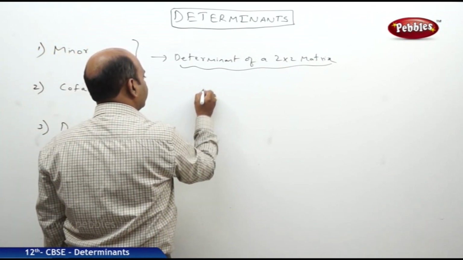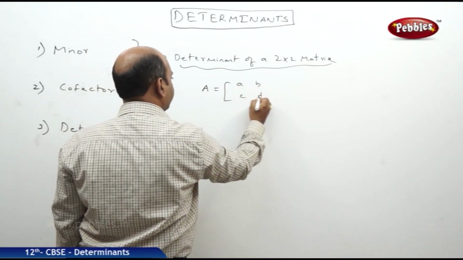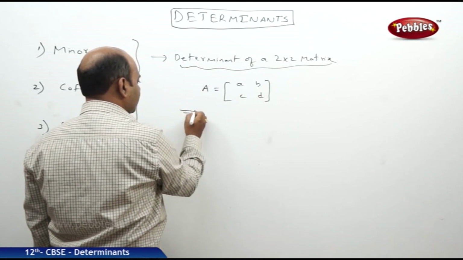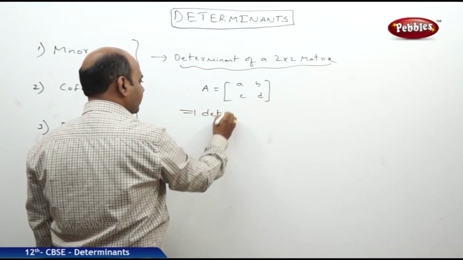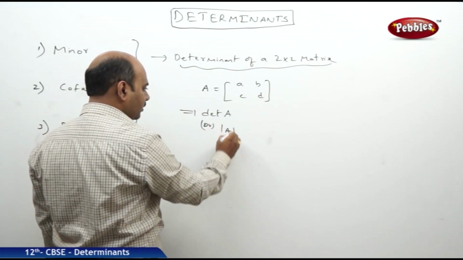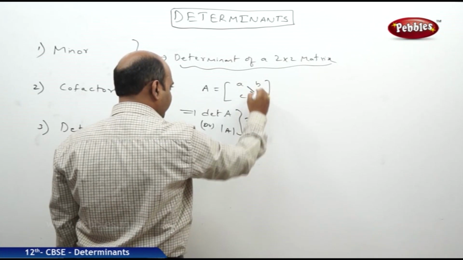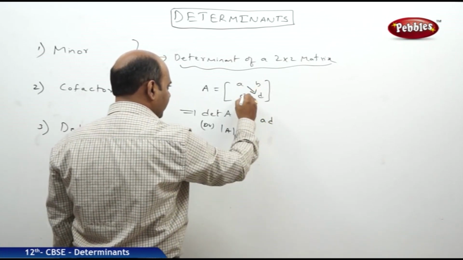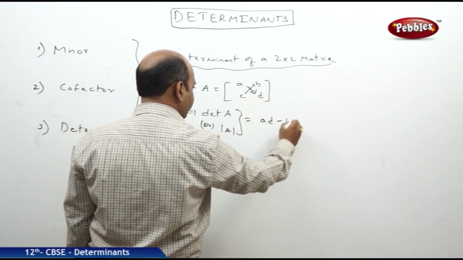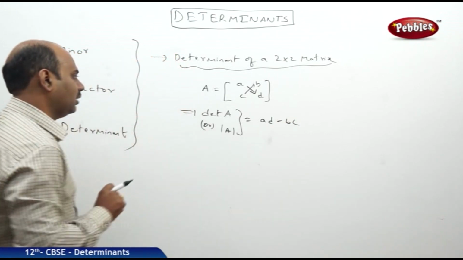For example, if I take a matrix capital A equal to a, b, c, d, the determinant of a matrix is generally denoted by det A or modulus of A and is defined like this. Observe carefully, ad minus bc. This one we call the determinant of a 2 by 2 matrix.